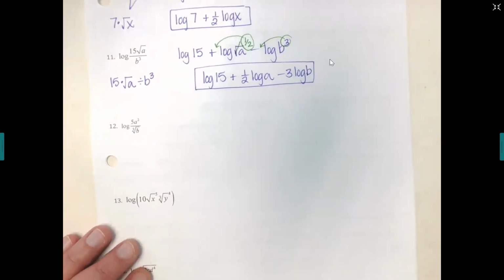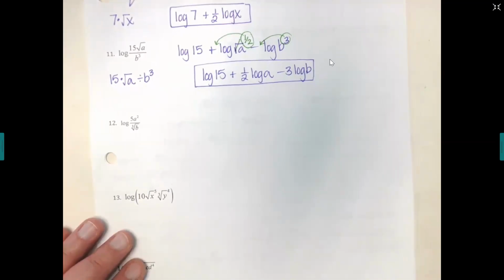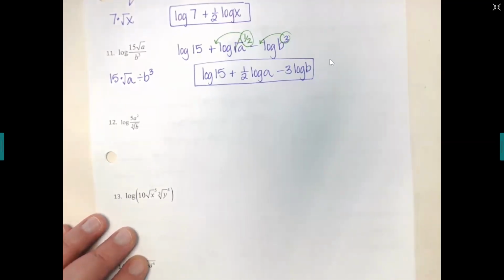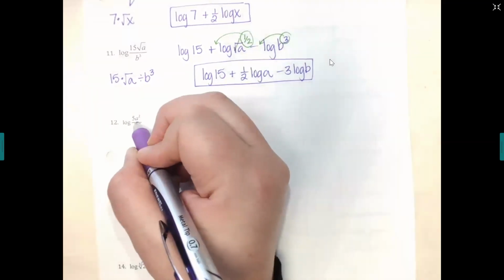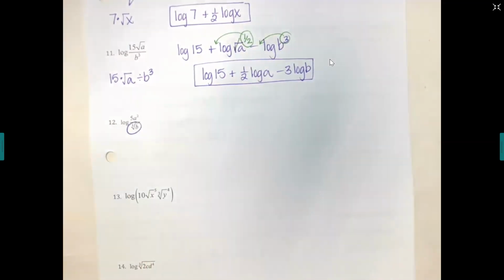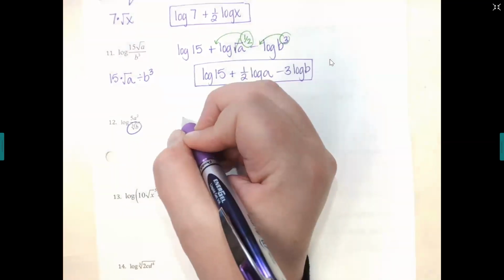Number 12. What would the exponent be for the cubic root B on the bottom? You remember what power we use on a cubic root? 1/3. So for this one, I'm just going to write the answer out since we did one kind of similar.